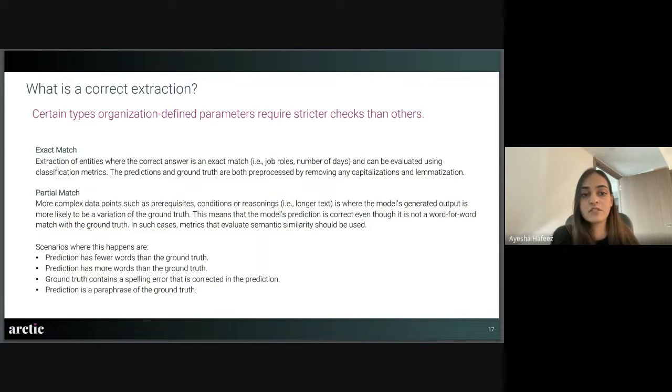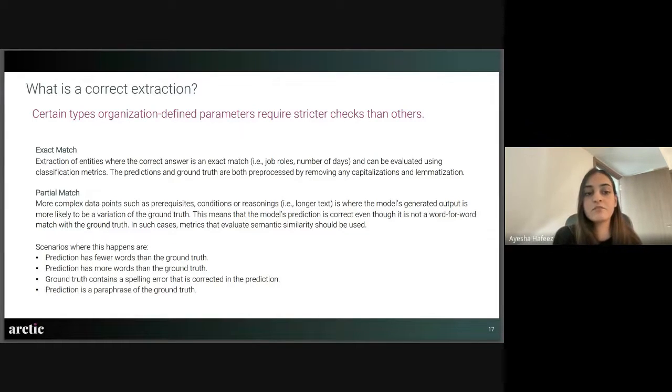In this case, we use certain classification metrics, and before running them through those metrics, we pre-process them by removing any capitalizations and lemmatizing both the ground truth and the predictions to their root word.